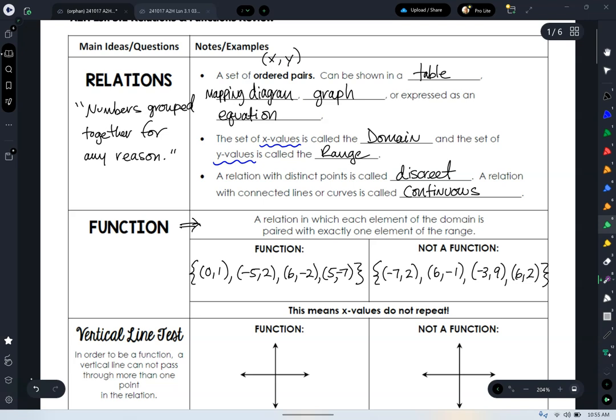However, over here, you can see that this 6 and this 6 are linked to 2 different outputs. That can't happen. That is not a function. That is an example of what makes this a non-functional relationship. When we have 2 inputs with different outputs.